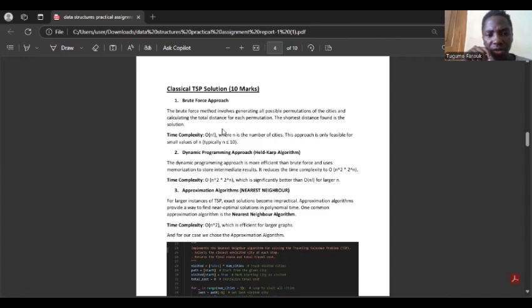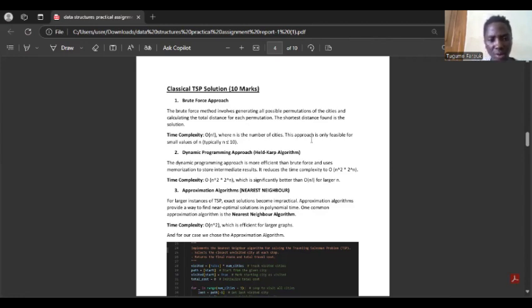The brute force solution is optimal since it calculates for everything. The time complexity for brute force is O(n!), where n is the number of cities.